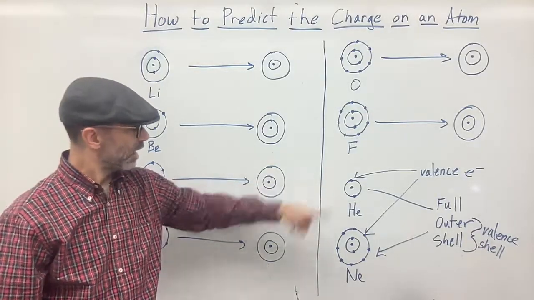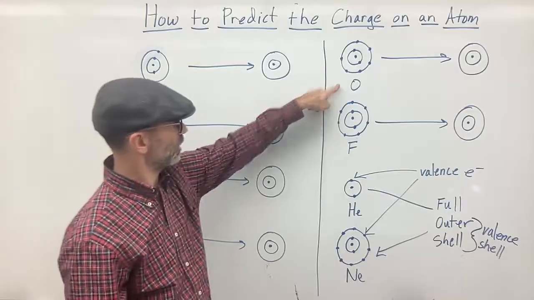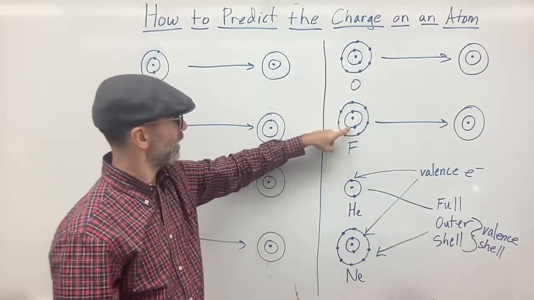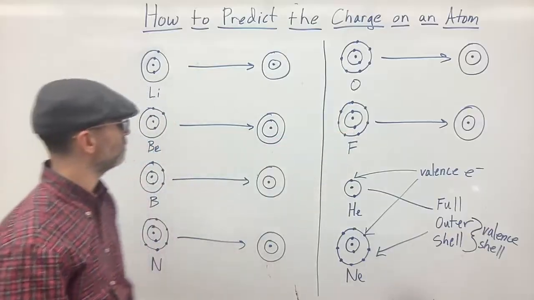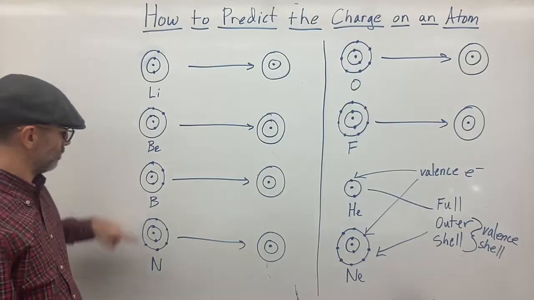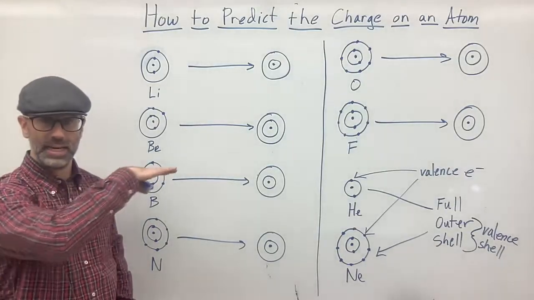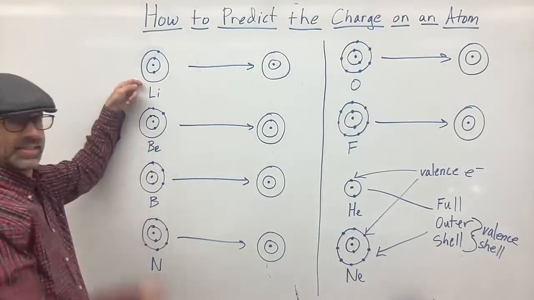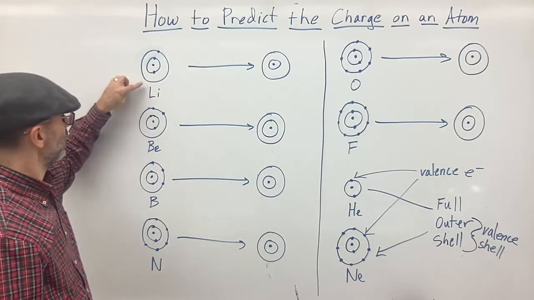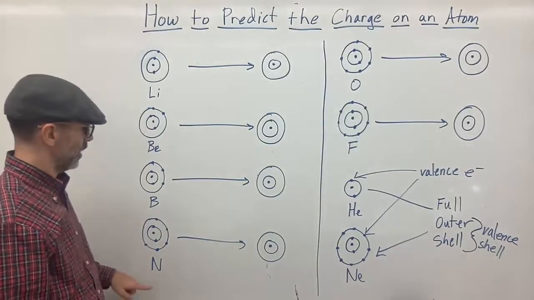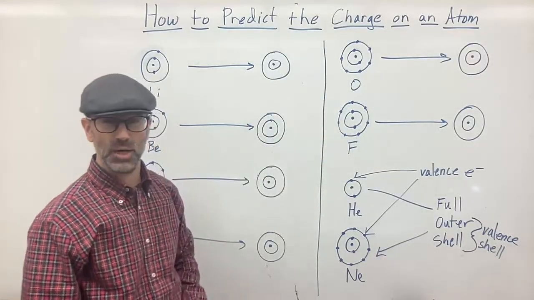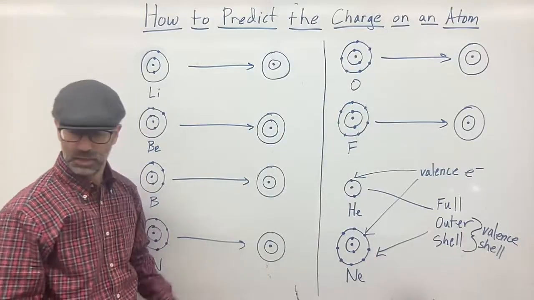The same thing with oxygen and fluorine here; they have 2 in that first shell. I've written out the atoms in that second row, that second period, of the periodic table: lithium, beryllium, boron, nitrogen, oxygen, fluorine. I skipped carbon for a reason. I'll get to that in a moment.